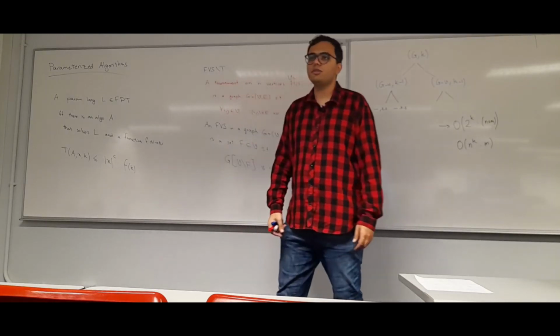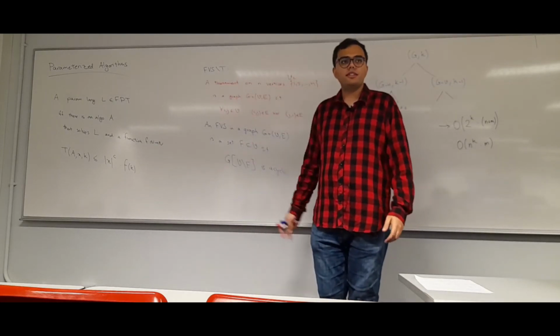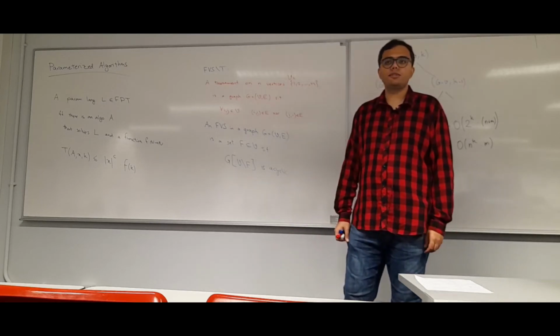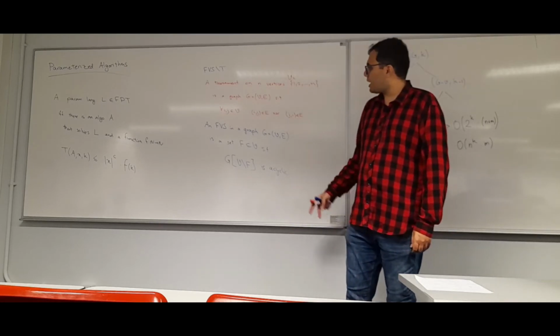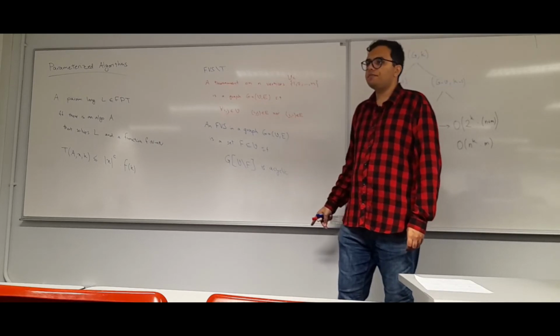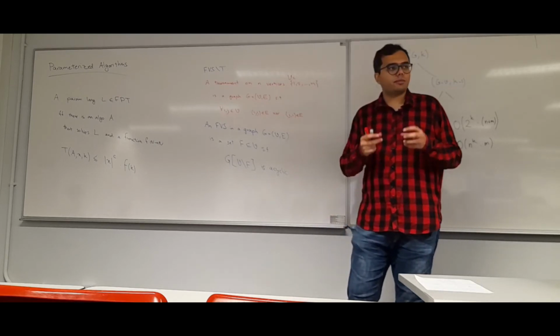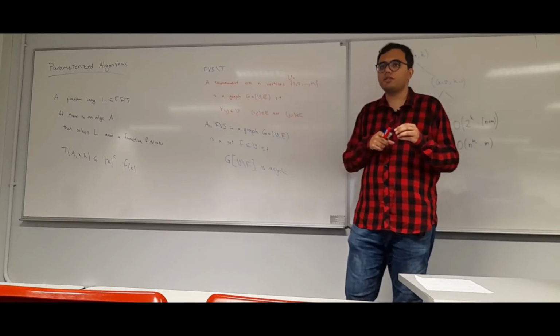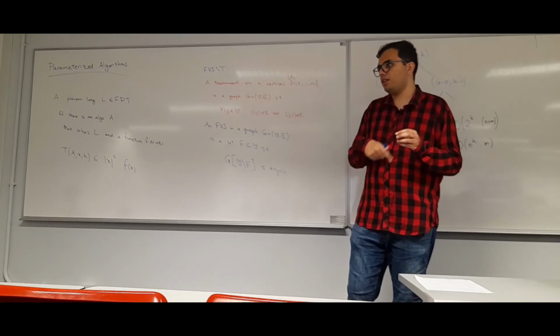So I give you a tournament, and I also give you some number k. And I ask you, does this tournament have a feedback vertex set of size at most k? So can I remove at most k vertices from my tournament so that there are no cycles in the tournament anymore? So it becomes acyclic.